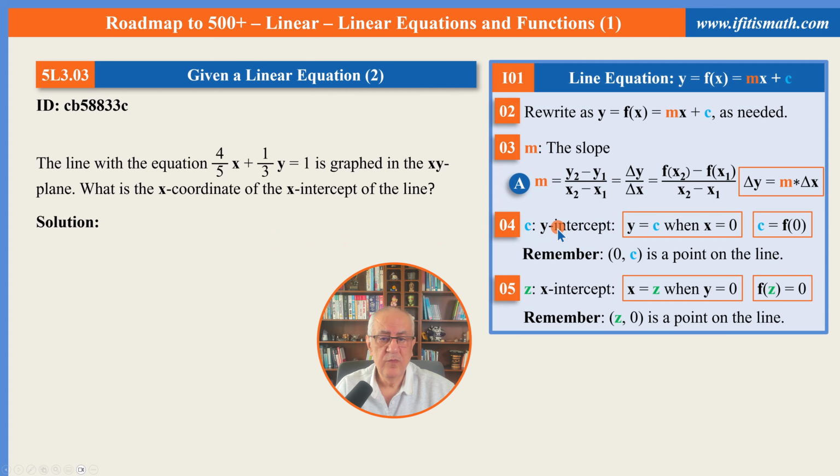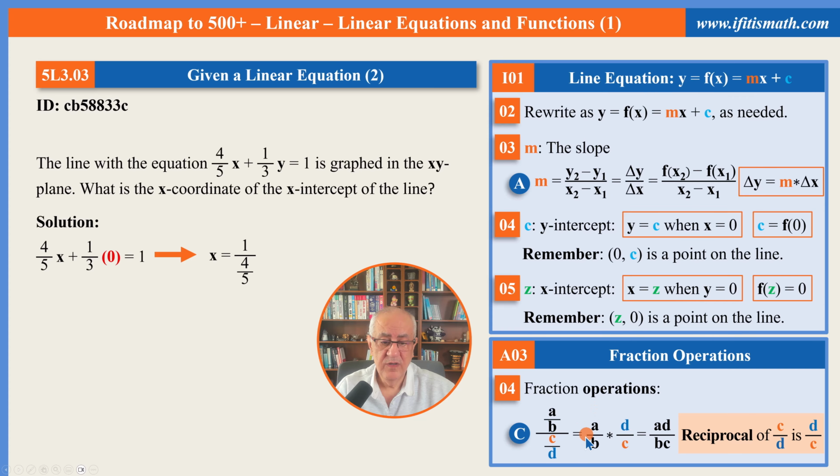How do we do this? We go back to the definition: the x-intercept is the value of x when y = 0. So we put y = 0 and we solve. Out of this, we end up with x = 1 over 4 over 5. How do we handle this?